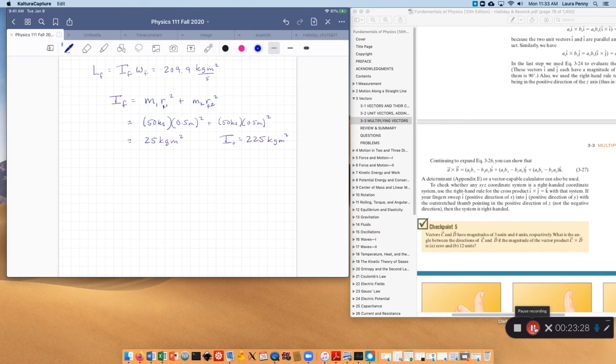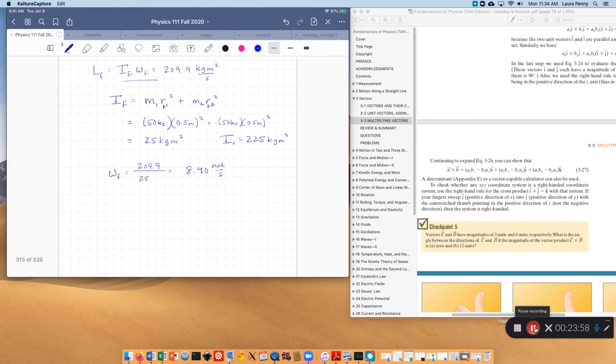So we can use this I final along with the values up here to get omega final. 209.9 divided by 25, and our omega final is going to be 8.4 radians per second.